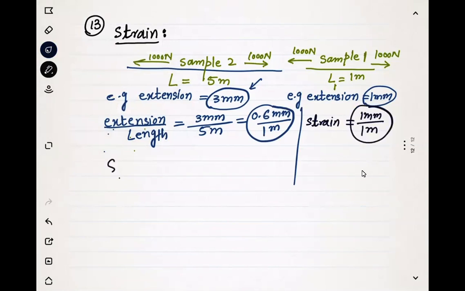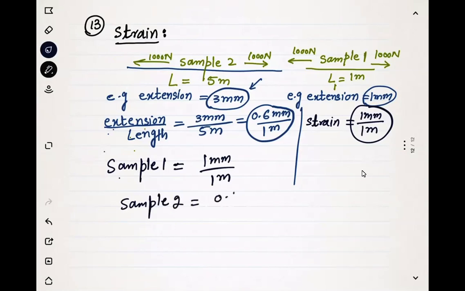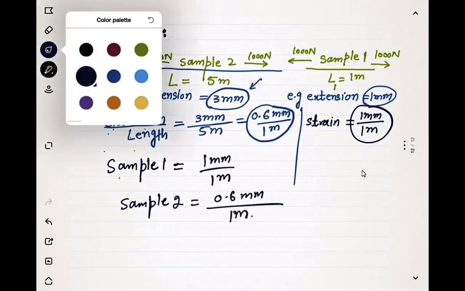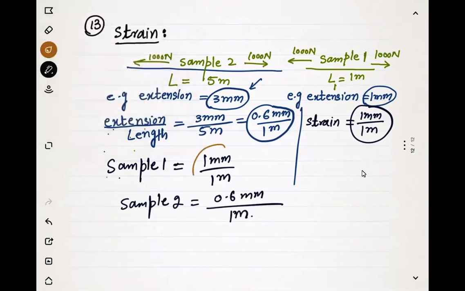Now you see sample 1 extends by 1 millimeter over 1 meter, and sample 2 will extend by 0.6 millimeter over 1 meter. Now you should observe which of the two samples extends more.